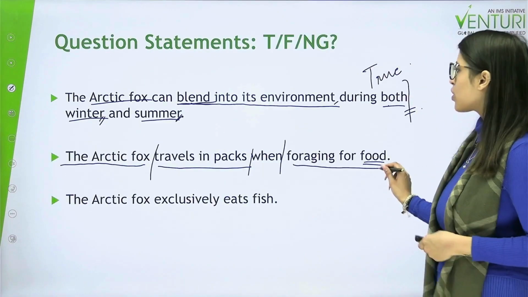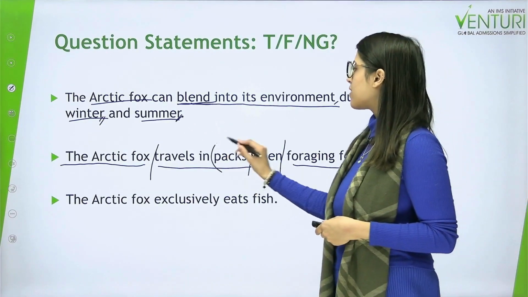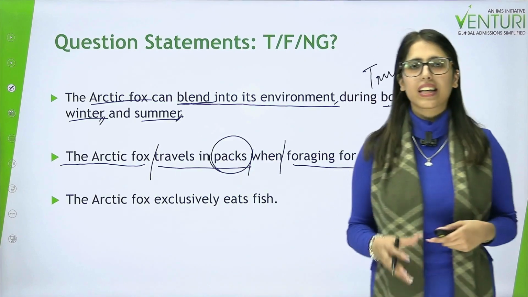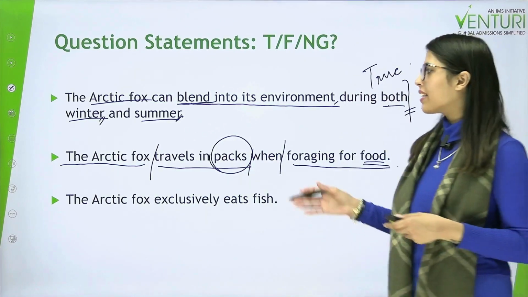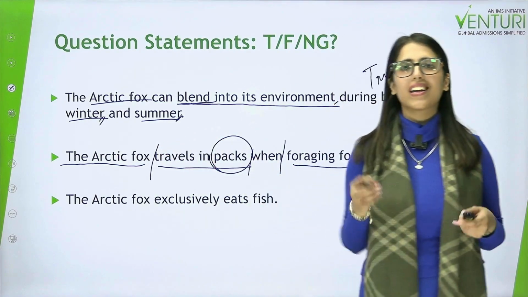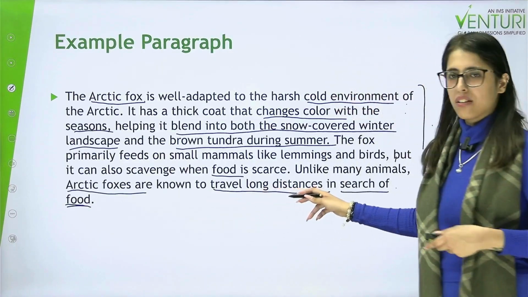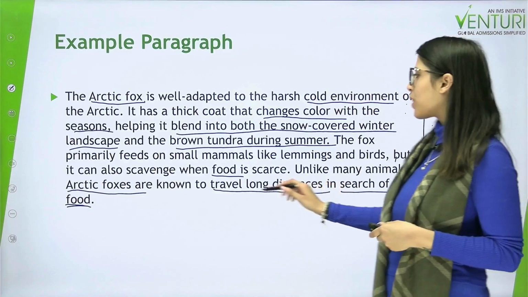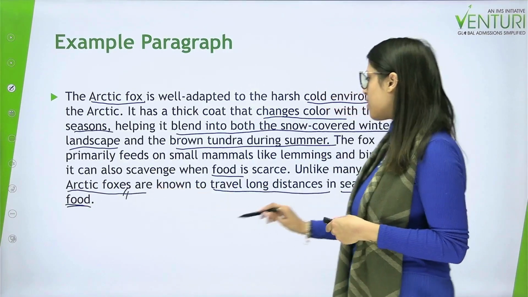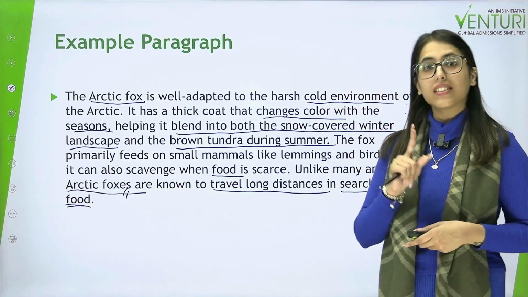If we come back to the question statement, we see this thing also here. So they are telling in the question statement that these Arctic foxes go in packs, right? But here they don't tell you that, right? So they are telling you that these creatures are there, they travel long distances in search of food.